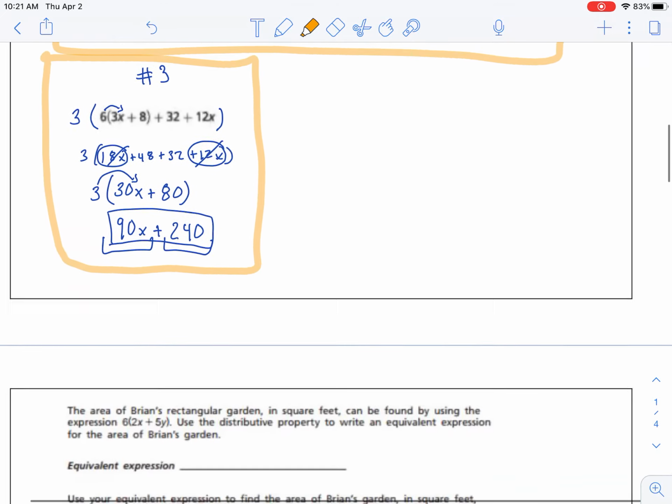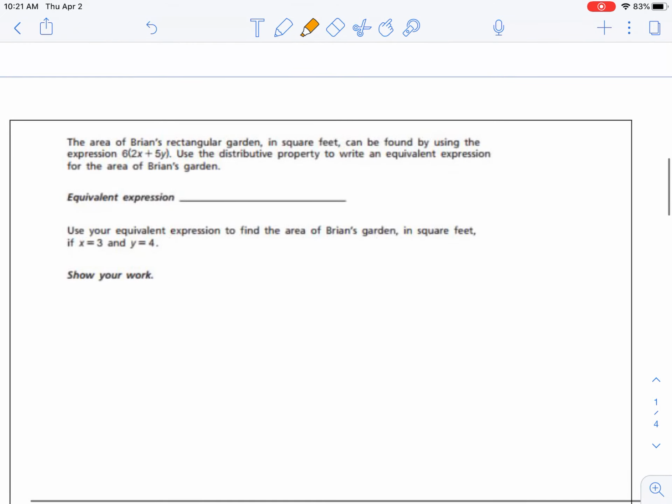All right. Let's go on to the next problem. The area of Brian's rectangle garden in square feet can be found by using the expression 6 times the quantity of 2x plus 5y. Use the distributive property to write an equivalent expression for the area of Brian's park.